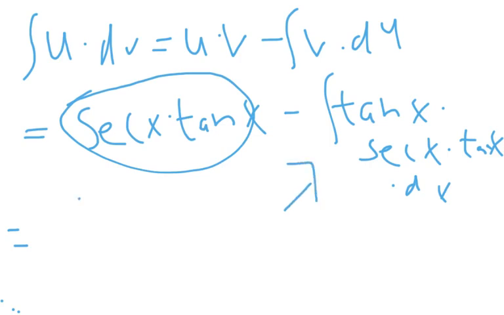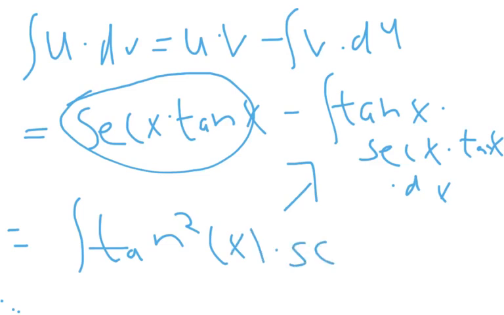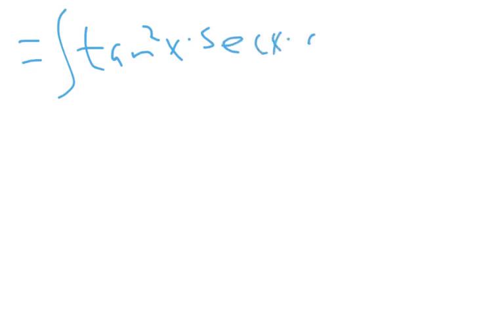So I am going to pull it off. So it's tangent squared of x times secant of x dx. Alright, so once again, tangent squared of x times secant of x dx.